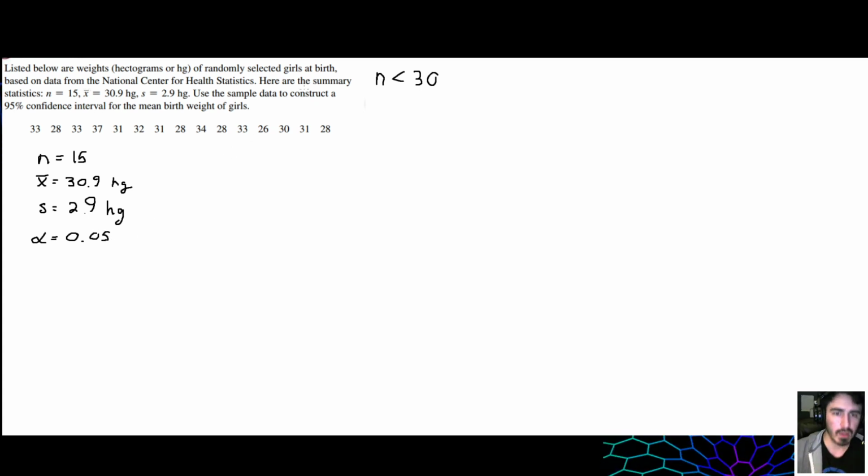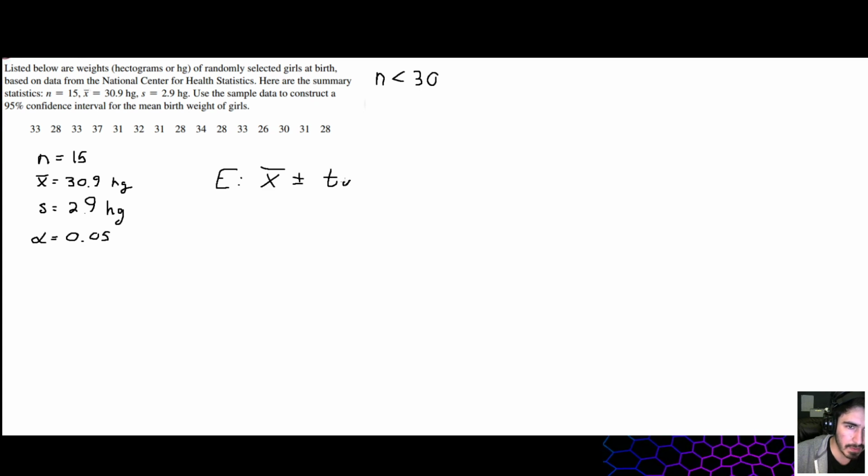Now, for a t-distribution, this is going to be pretty much the same. Our confidence interval, or our margin of error, is going to be given by our average plus or minus our critical t-value times our sampling standard deviation divided by the square root of our samples.